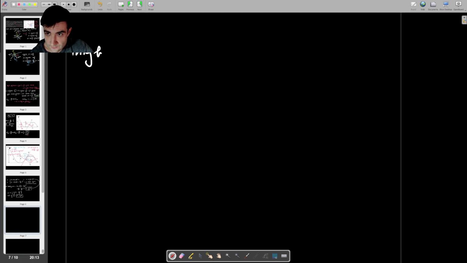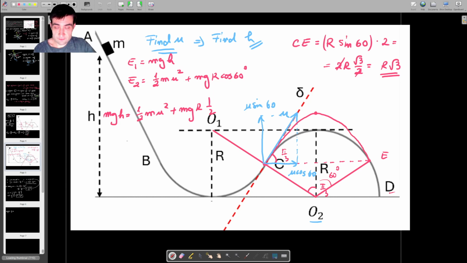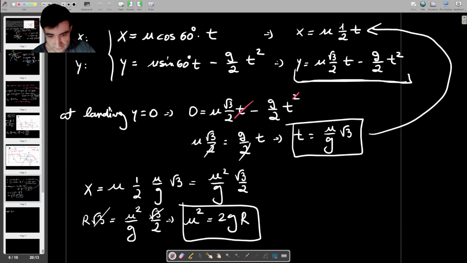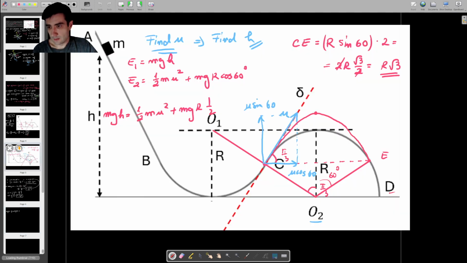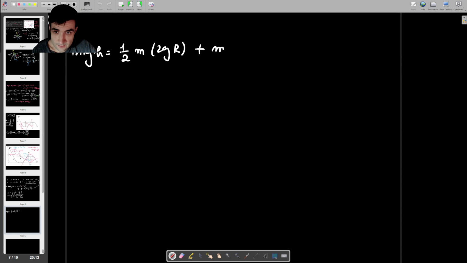So mgh is equal to 1/2 m. Now, instead of u squared, we're going to use the value of u squared, which is 2gr. So this is 2gr plus mgr times 1/2. There's a lot of stuff that cancels, which is great. So the m's go, the g's go as well.